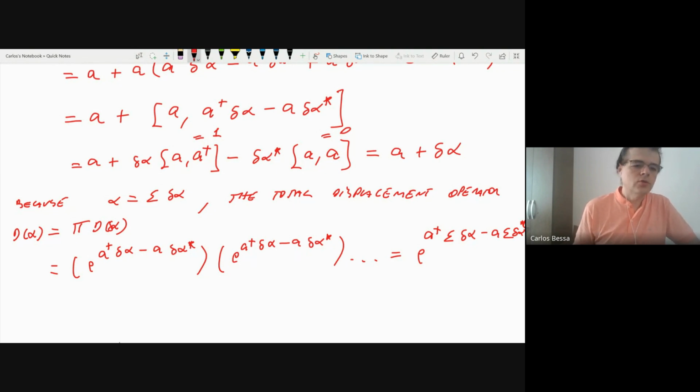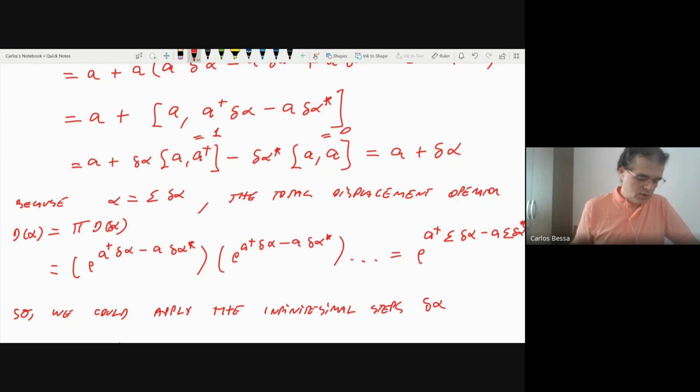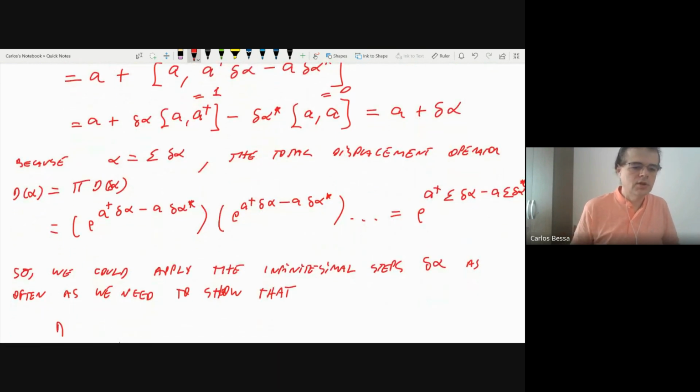And we can apply the infinitesimal steps delta alpha as often as we need to show that D dagger alpha, applied to a, will be just a plus the sum of delta alpha.